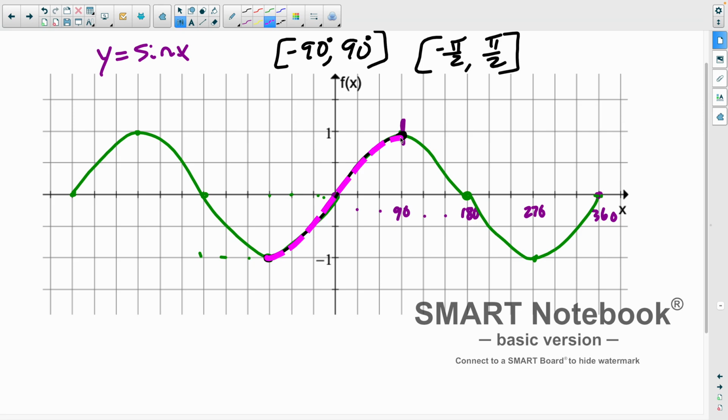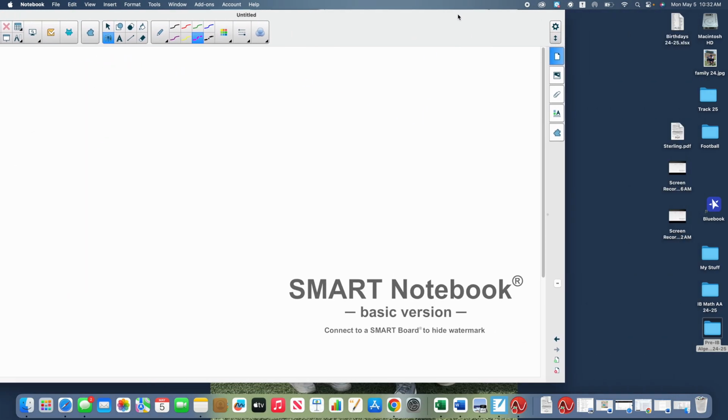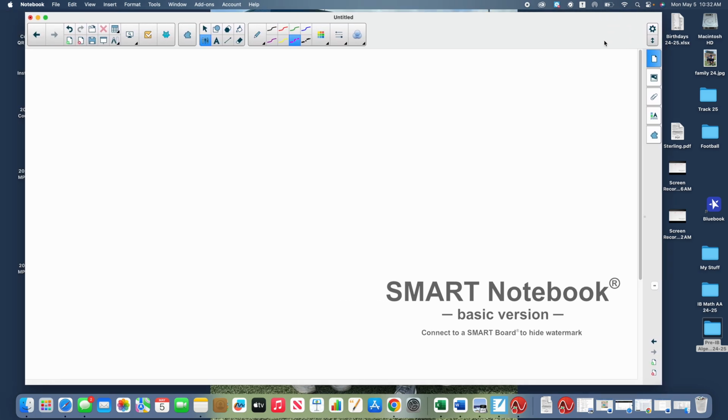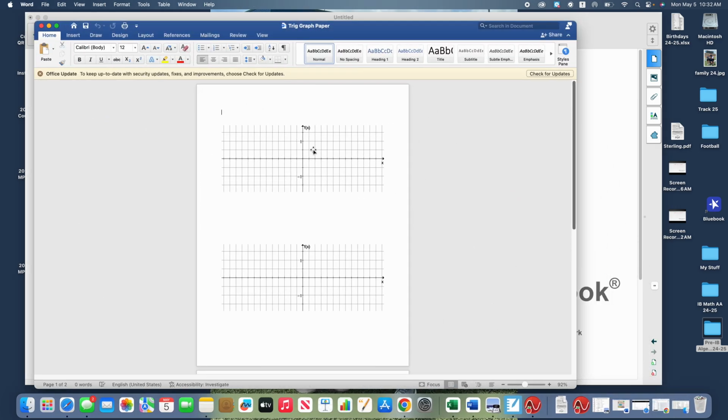Yep. And so what I'm going to do is I'm going to use the graph below that, and we're going to draw the inverse graph there. Okay? So let's talk about it. So as I go to draw the inverse graph, what's going to happen with my x's and my y's? They switch. That's correct. Okay?